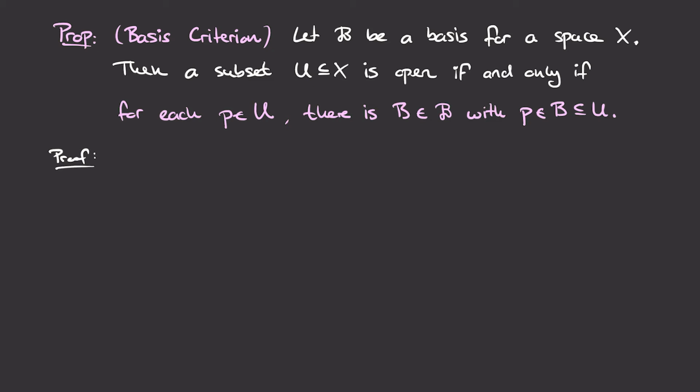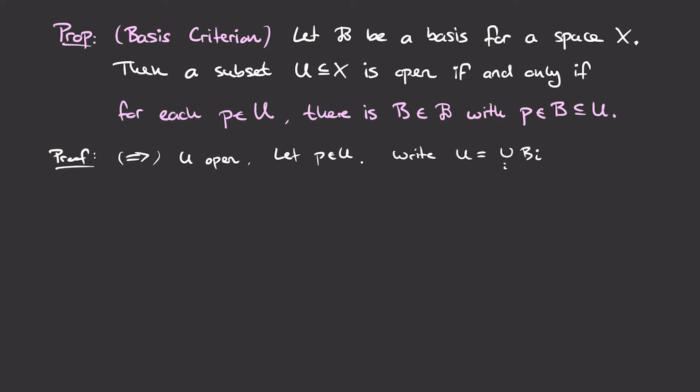For the first direction, we suppose that U is an open set in X, and we let P be some point in U. We have to show that there is a basis element such that P lies within the basis element, and the basis element is a subset of U. Because U is open and B is a basis, we can write U as a union over some basis elements Bi.